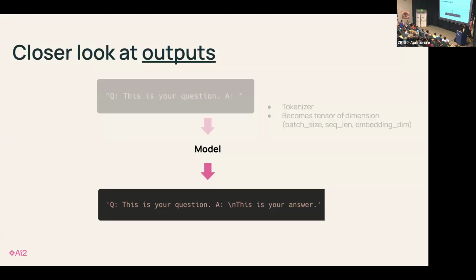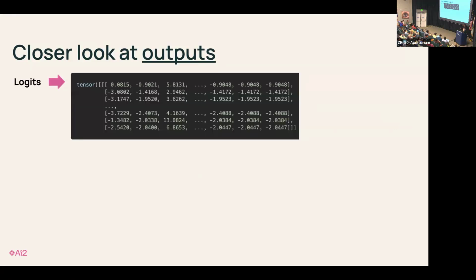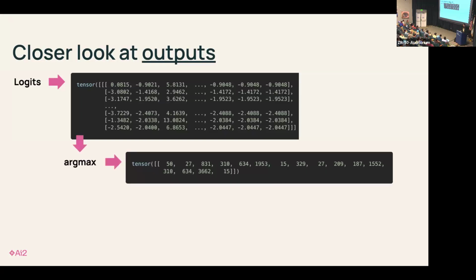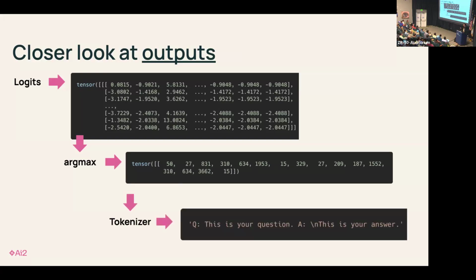Let's look at how outputs work. How does a model actually get to this type of string output? Well, again, your model is outputting logits because everything's in tensor land, going through a bunch of operations, and you get logits. Once you get logits that look something like this, you take some sort of argmax to figure out what is the highest logit, and that gives you indices, which you then look up through the reverse index of your tokenizer, and that gives you the string.